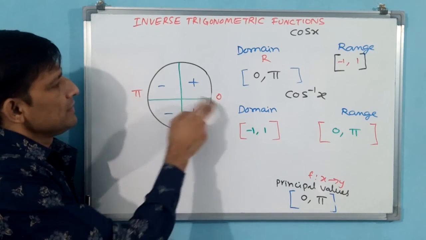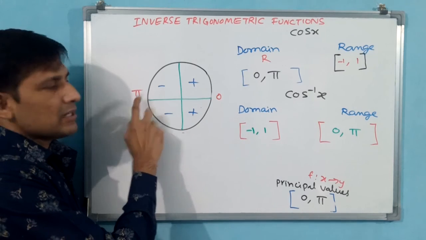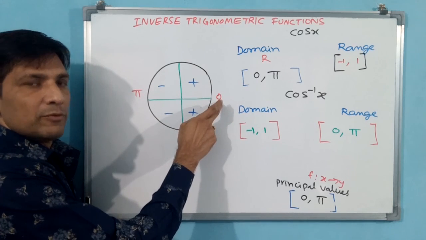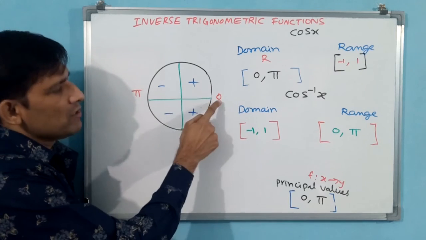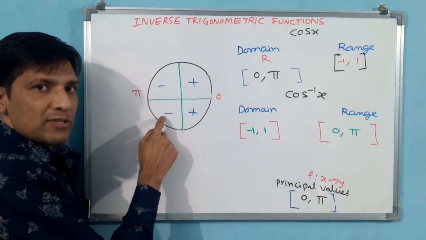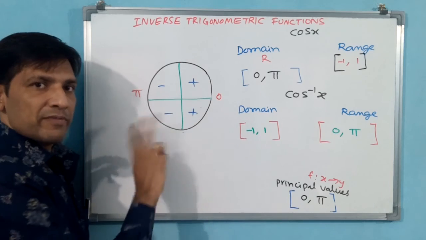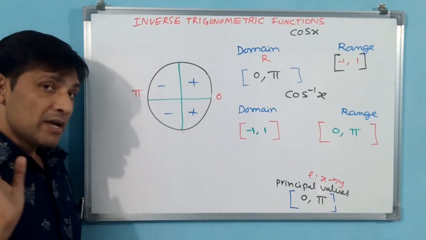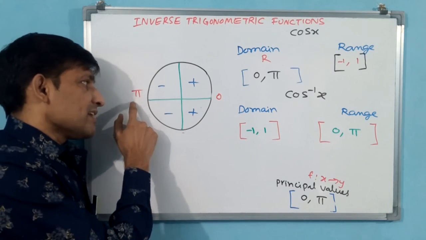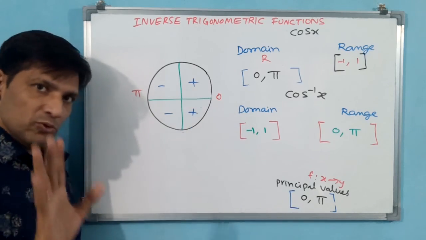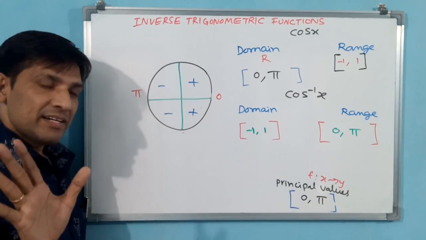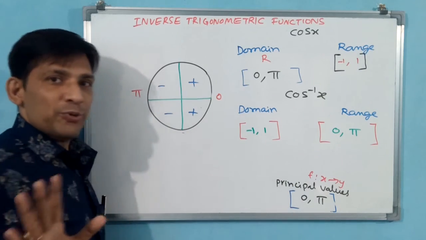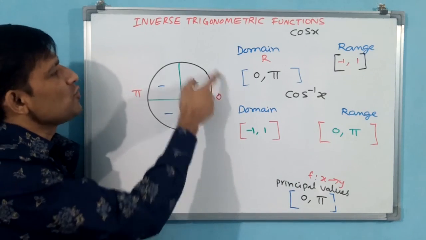Here minus 1 will come, here plus 1 will come, here 0 will come. Only one time 0, only one time minus 1, only one time 1, only one time minus root 3 by 2, plus root 3 by 2. Different values are coming. So the inverse is there from pi to 2 pi also, but that is not the principal value. Principal value means 0 to pi only.